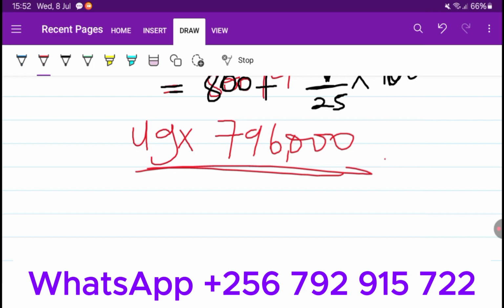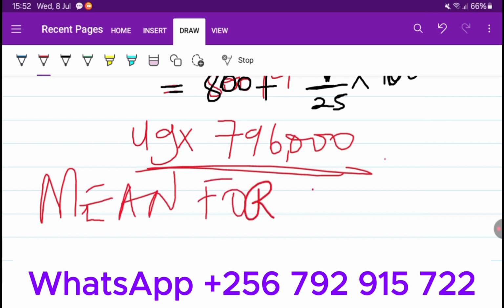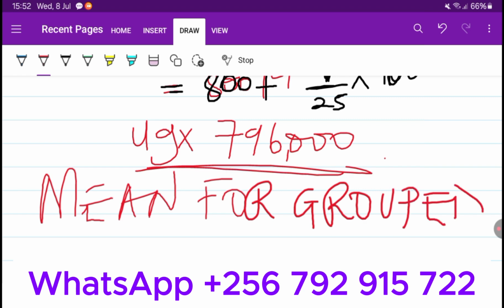Now I want to look at the mean for grouped distributions.